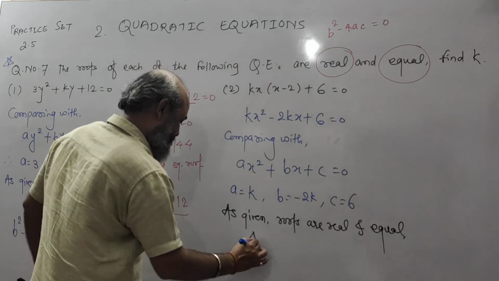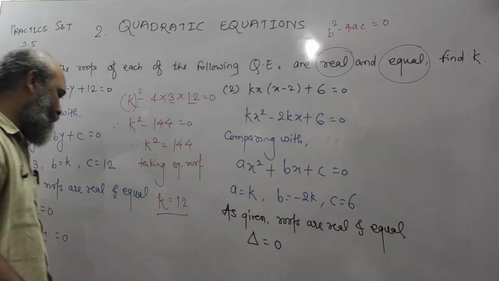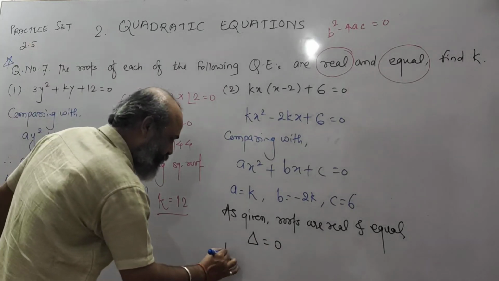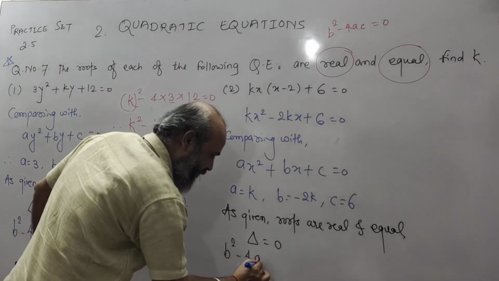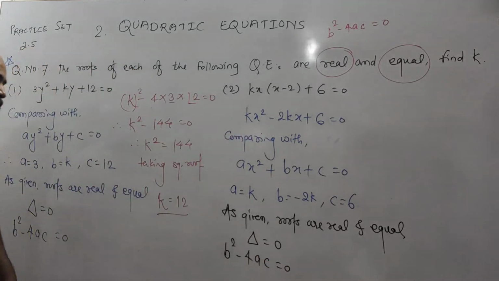It means that delta is equal to 0, which means b square minus 4ac is equal to 0.